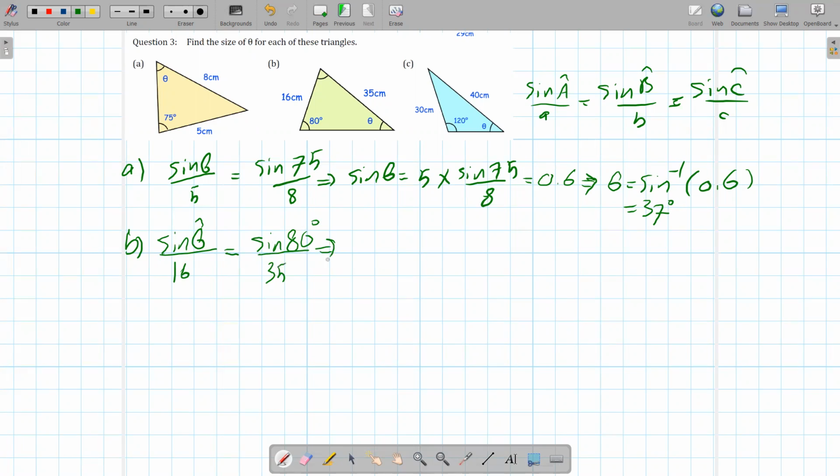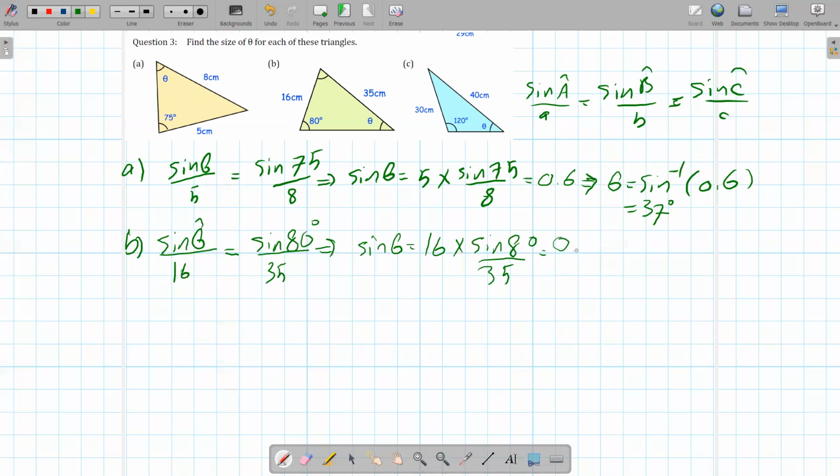Then sine theta equals 16 times sine 80 over 35, which on my calculator, 16 times sine 80 divided by 35, equals 0.45.